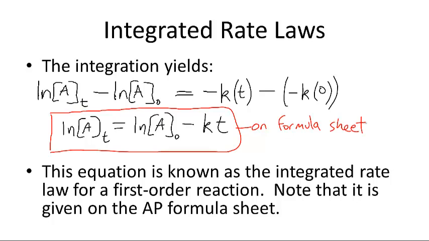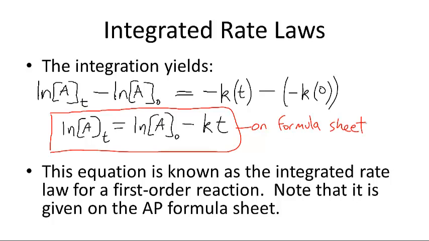All right. So that whole derivation you can ignore if you want. But what you can't ignore is we now know that if the exponent in the rate law is 1, so if it's a first order reaction, then this will also be true. And what this gives us is the concentration of reactant as a function of time.